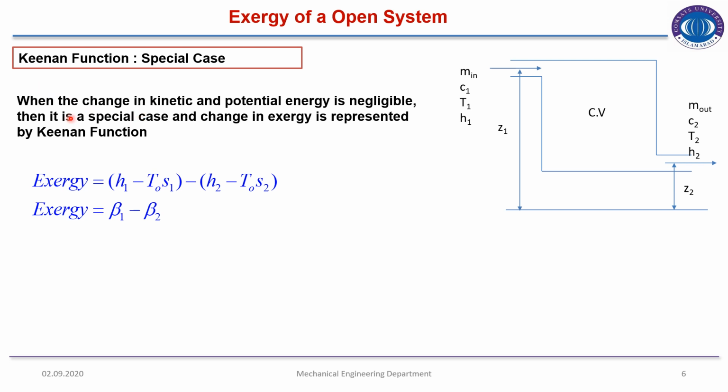When the change in kinetic and potential energy are negligible, then this becomes a special case and change in exergy is represented by Keenan function. So in thermodynamics, Keenan function is the change of exergy for an open system for a special case when there is no change in the potential and kinetic energy component at the inlet and outlet.